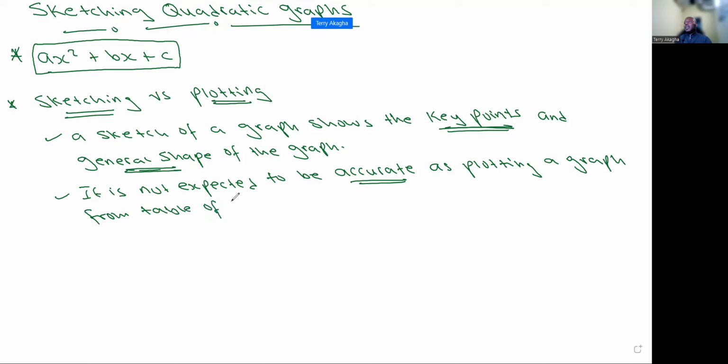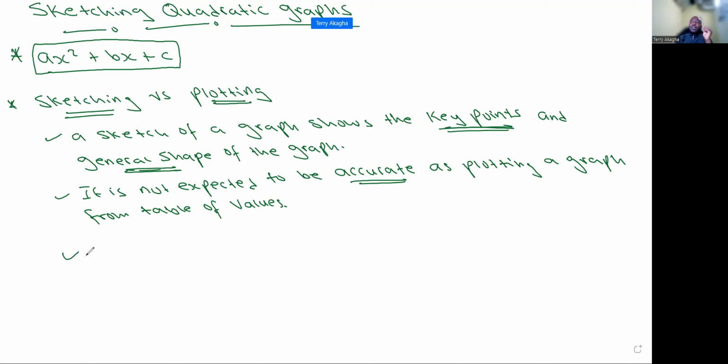So it's not expected that the answer you get should be the same thing. Like I told you, the sketch is just giving you an estimate of the solutions. It's giving you the key points and the general shape.